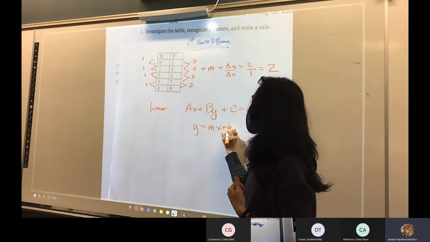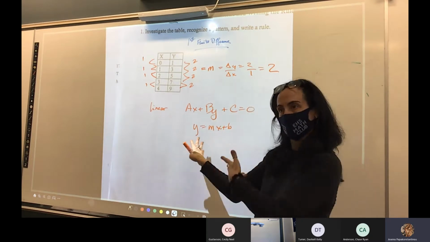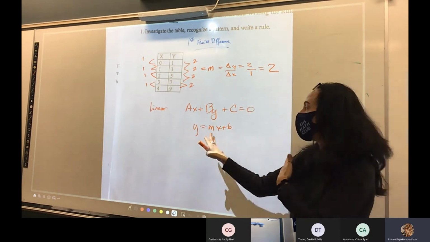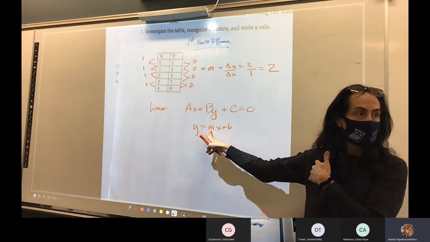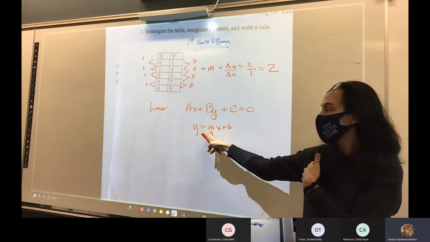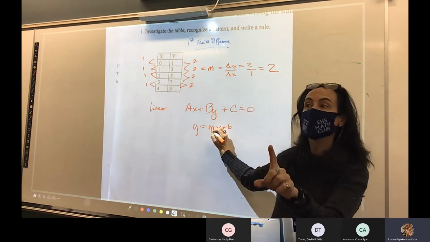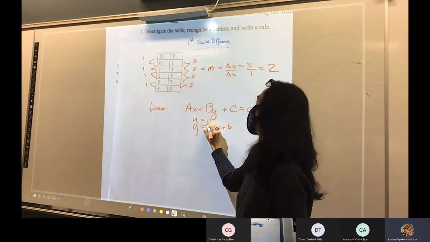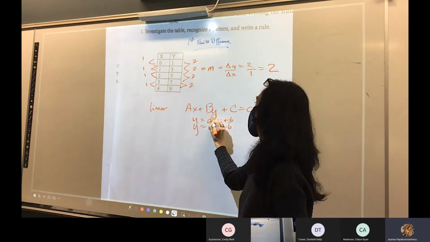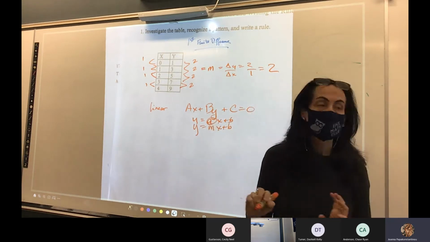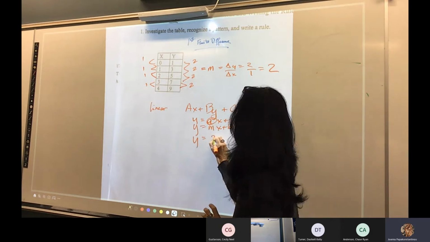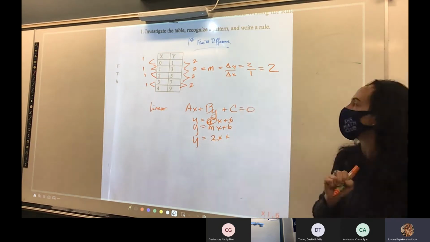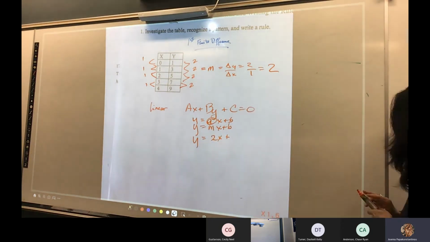It is in this format that I can immediately write the rule like this, because I know this is 2. Now, remember when we did linear regression on the calculator, it wrote it like this. So it's finding us a. So I know y equals 2x, but how do I know what that b value is?